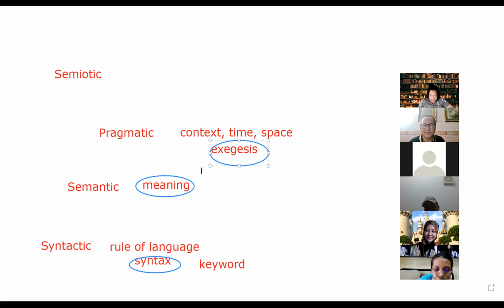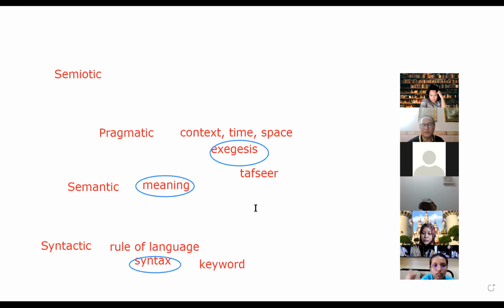Okay, in Arabic we call it tafsir. Tafsir is made based on context, time, and space, meaning that today we cannot have the same semantic.